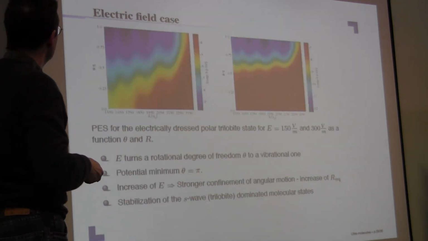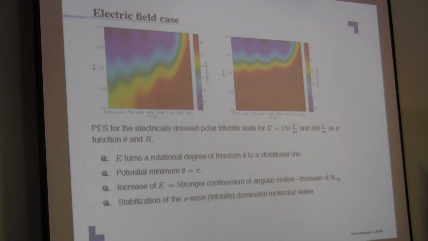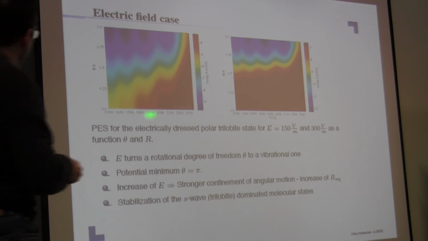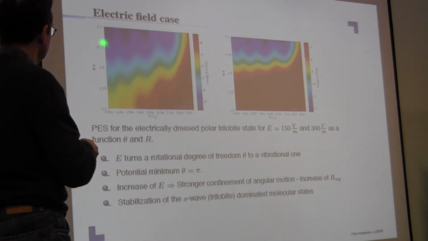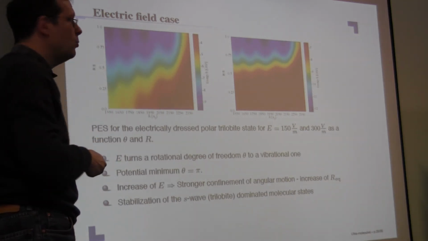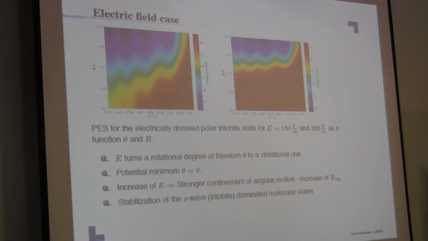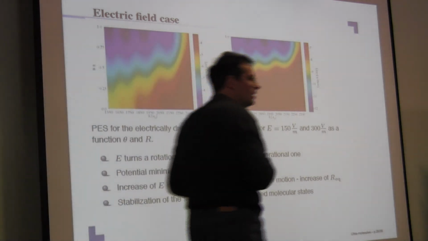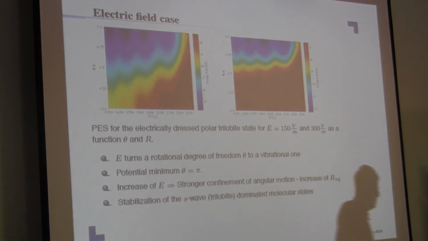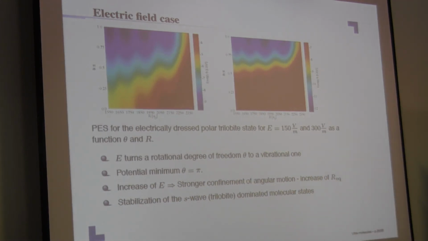Now let's have a look at the electric field case. What I'm showing you over here is, as a function of r and of theta, the potential energy surface. Now why theta? The problem is that if you have an electric field, and if you additionally have a neutral perturber, then there is a dependence of the energy on the angle between the two.